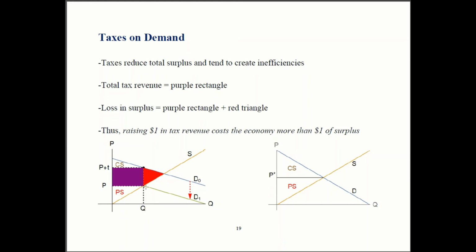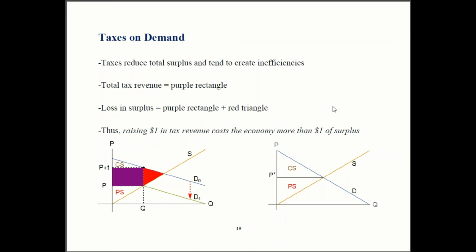So in other words, in order to get this revenue, shown here in purple, society had to lose the rectangle plus the triangle in surplus. That brings us to an important lesson. To raise $1 of tax revenue, the economy's got to sacrifice more than $1 of surplus. Now, this is not to say that you should never have taxes.